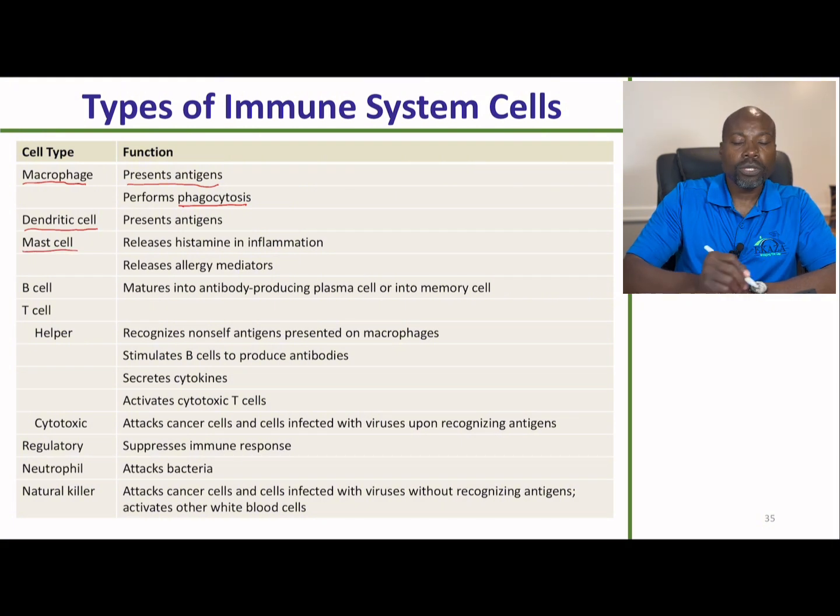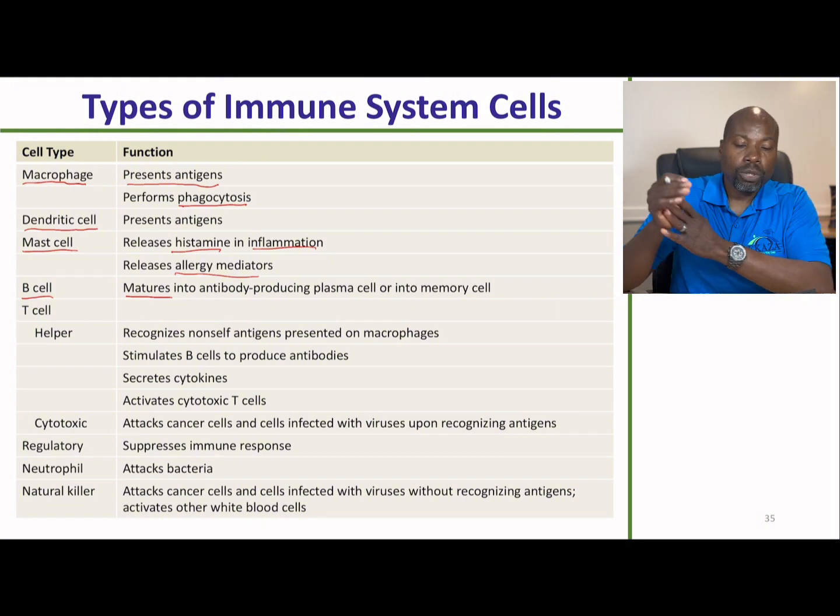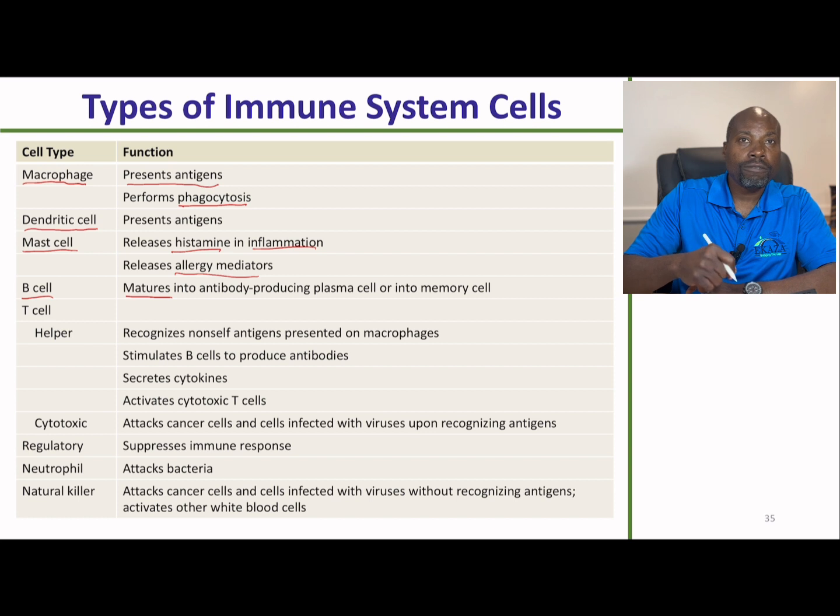The mast cells are going to release histamine in inflammatory response, and they are going to release allergy mediators. The B cells are going to mature into antibody producing cells, and they are also going to develop memory B cells.